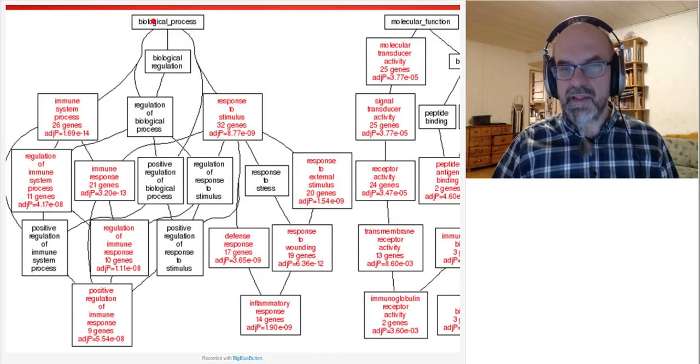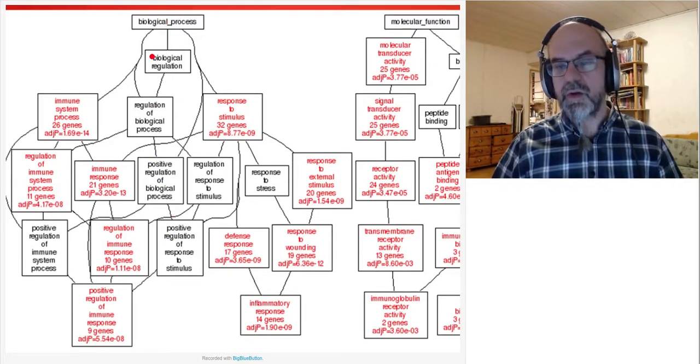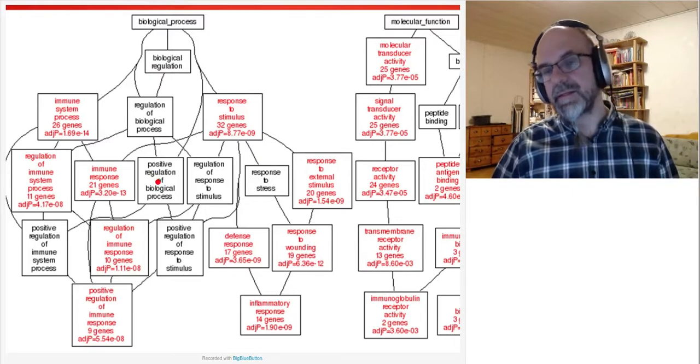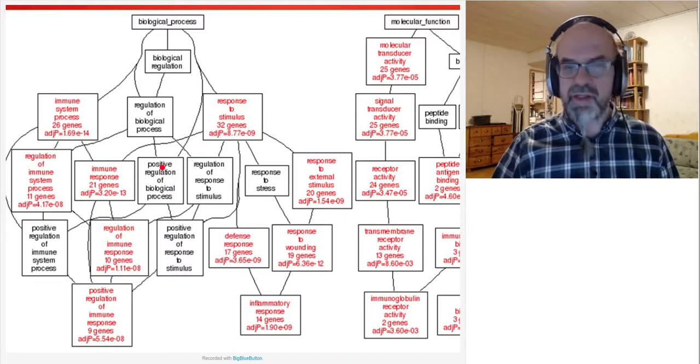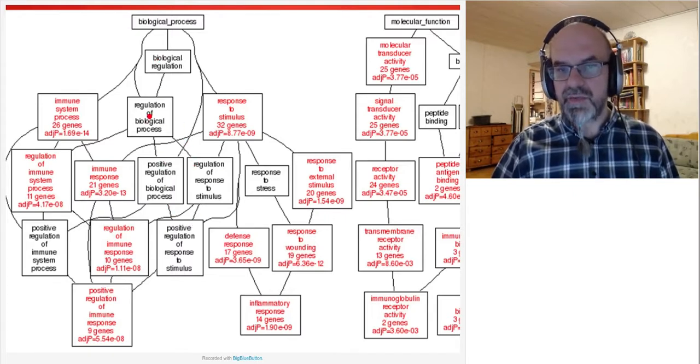So you can start from the highest level and you can always walk along the directions of these arrows and reach more specific terms. But it is very important to understand that there are no circles. So you cannot start from here and walk around and reach back. It never happens.